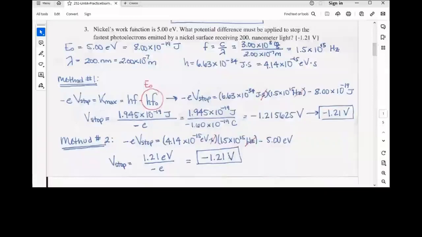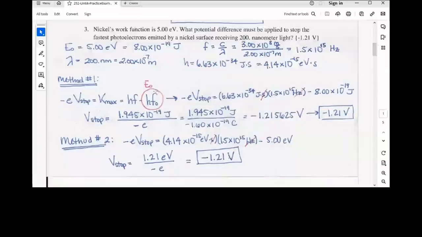Method 1 involves using this energy conservation expression that we worked with in our photoelectric effect labs, and I am using it to figure out what the stopping potential is. hf is the energy that I can associate with the photoelectron after it's liberated. I can also think of that as the energy of the photon that is responsible for liberating a photoelectron.